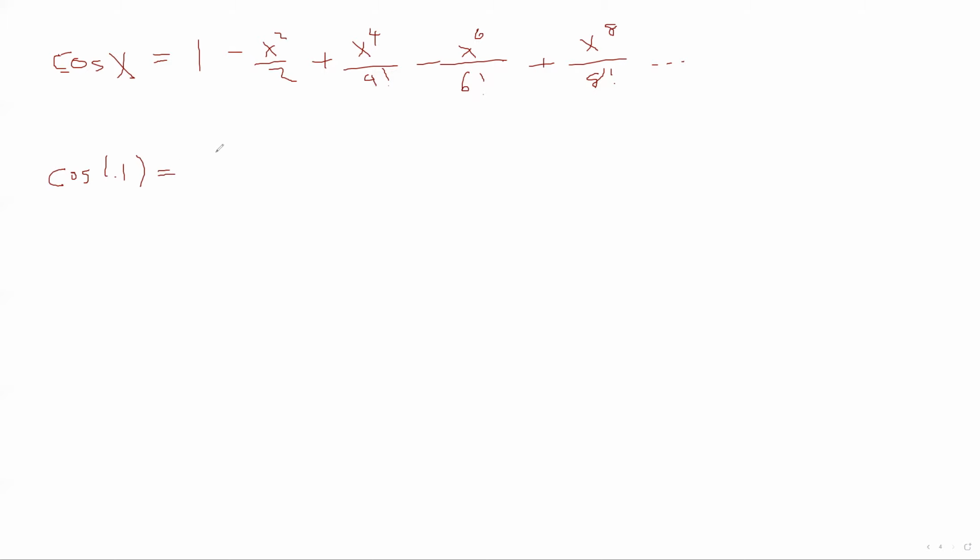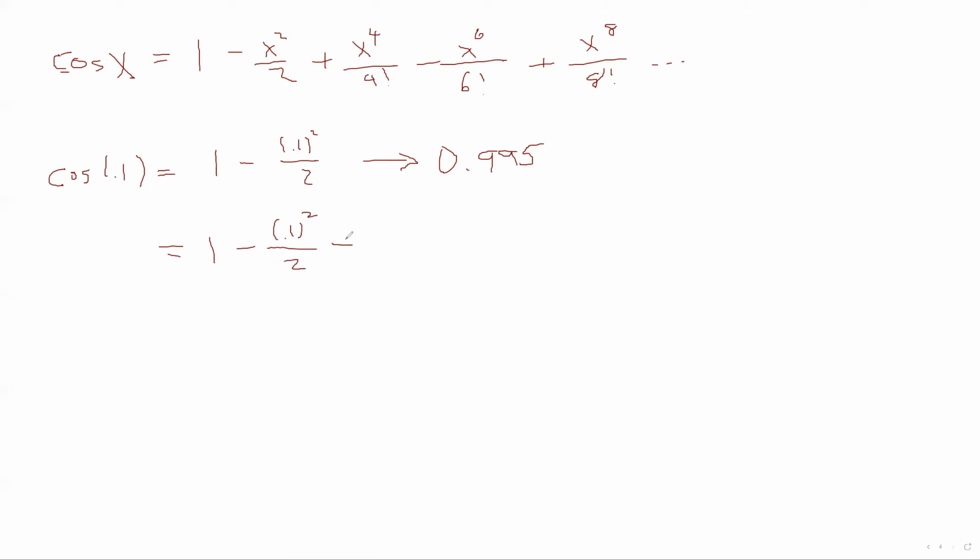But we're going to say 1 minus 0.1 squared over 2. And then let's just leave it at that for the moment. Let's see what that is equal to. 1 minus 0.1 squared over 2. And that gives us 0.995. All right, well, let's add a term to this.